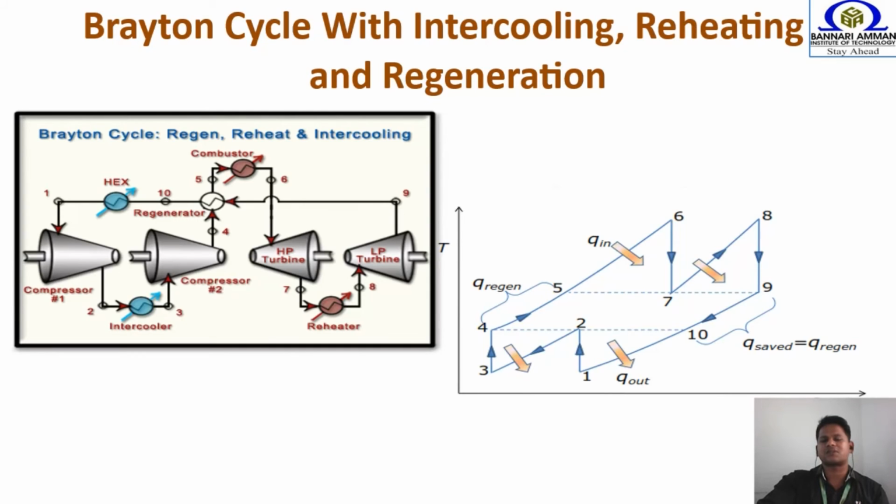After the first stage of compression, it is passed through the intercooler, which reduces the temperature of the air, and then we compress it once again. Before compression we have to ensure that the temperature of the intercooled air is equal to the temperature of the air at the first point. So this is very clear.